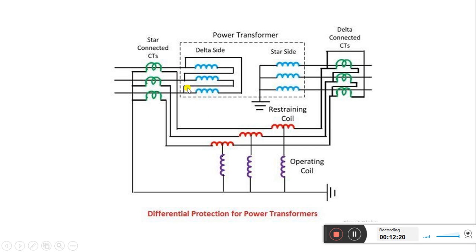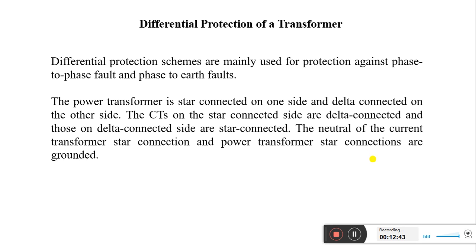So the difference of the current will flow through these operating coils, and these operating coils will operate to give the trip command signal. That is how the transformer windings are protected with the help of differential protection, as explained in this circuit diagram. So let us go back to this slide.